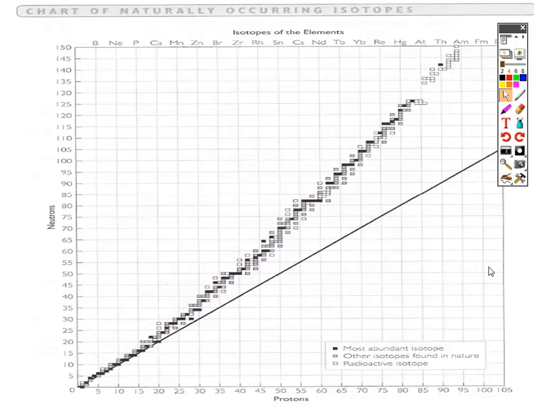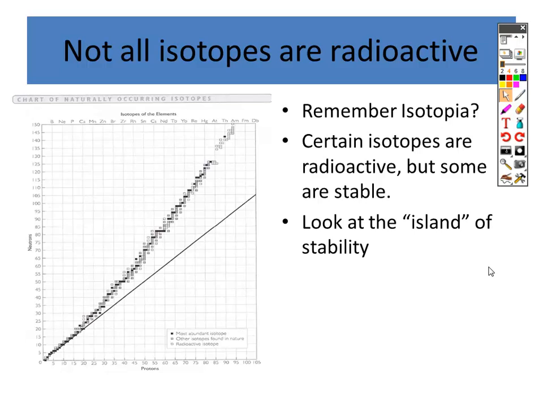But once you get up to about atomic number 40, you need almost 3 neutrons for every 2 protons. And as you get really big, you need more and more. As you get to about 80, you need 120 neutrons. Is that 3 neutrons for every 2 protons? Sorry. Let's keep going.